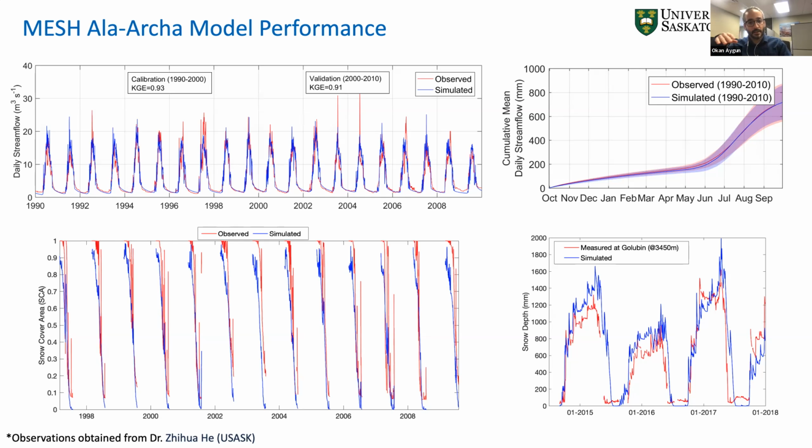As shown in the lower left figure, the simulated basin average snow fraction was compared against the processed NOAA Advanced Very High Resolution Radiometer daily images over the snowmelt periods for the historical period.